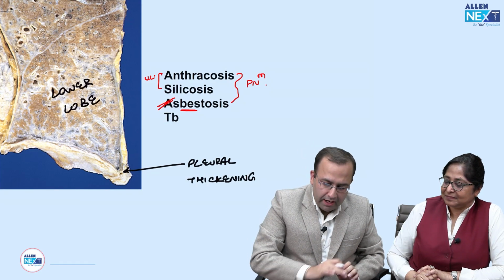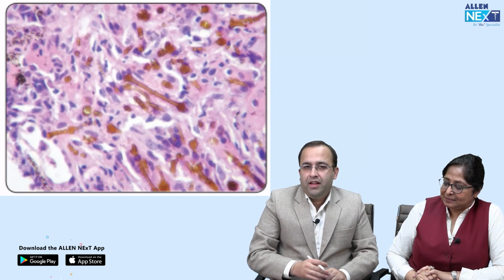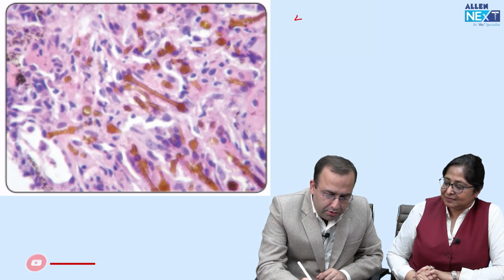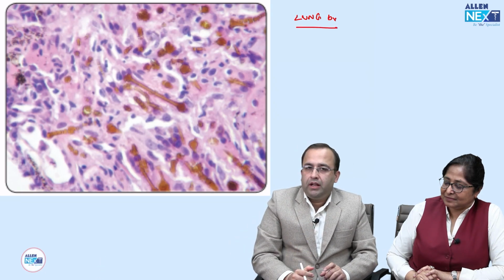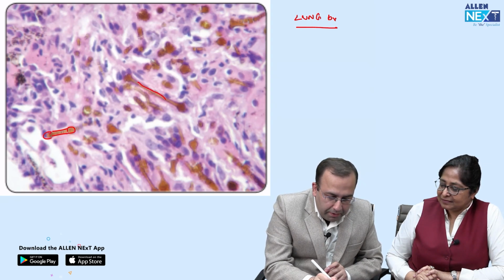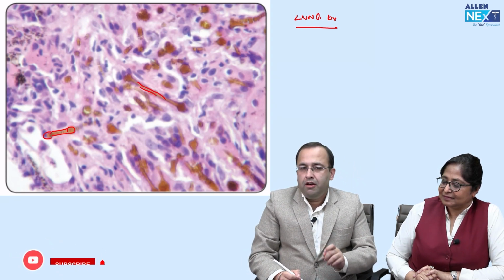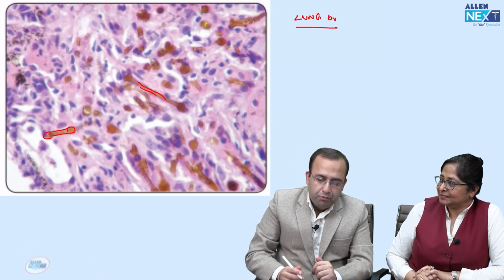And lastly, let me show one last image. Of course. What do we see here? Examiner has just told you it's a lung biopsy. I'm not able to appreciate the presence of alveoli here. What I'm able to see is the presence of these dumbbell-shaped fibrous structures which are brown in color. Which pigment is brown? Hemosiderin.